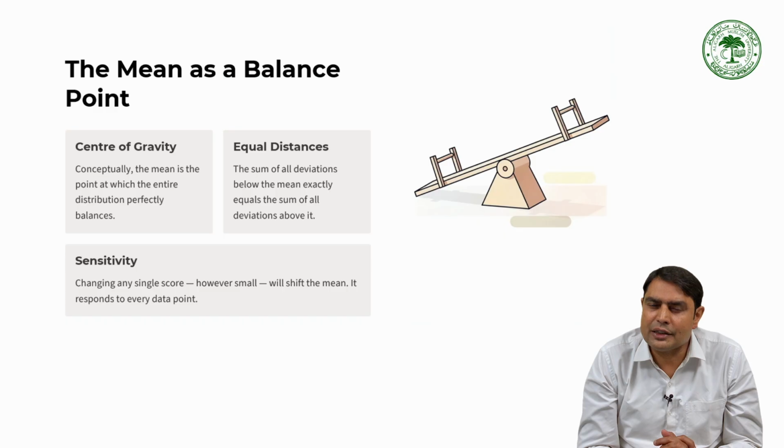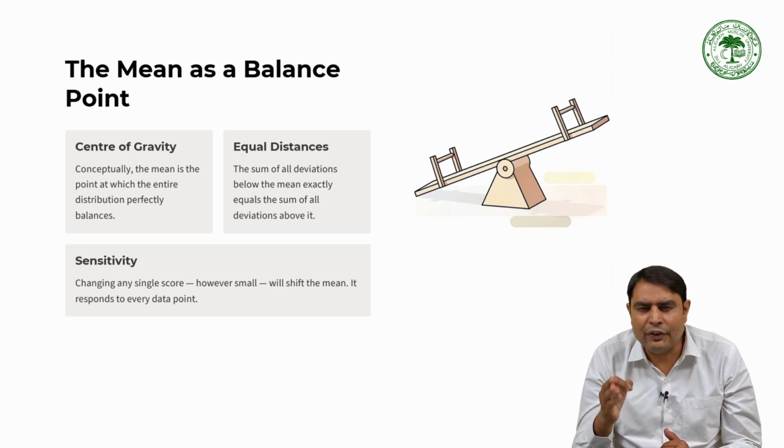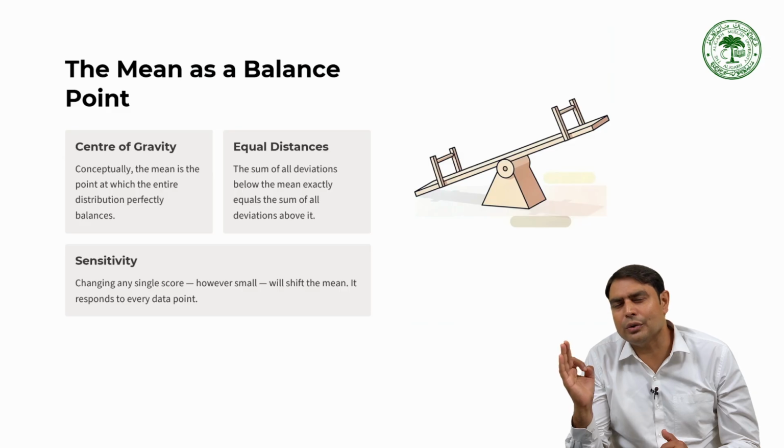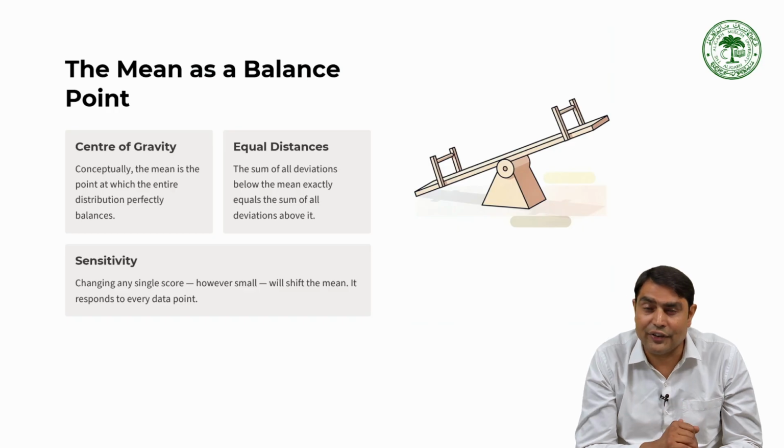So, the mean balances the entire distribution, but this strength is also a weakness of the mean, because it is cancelling out the differences. Since the mean responds to every value, even one unusual value can shift the entire mean. Outliers effect.